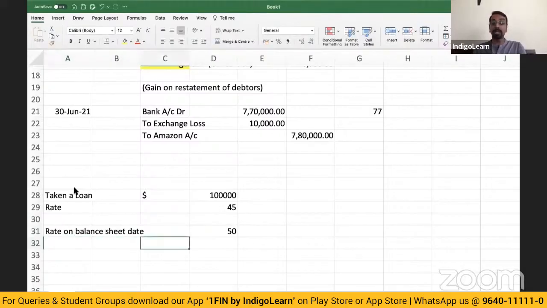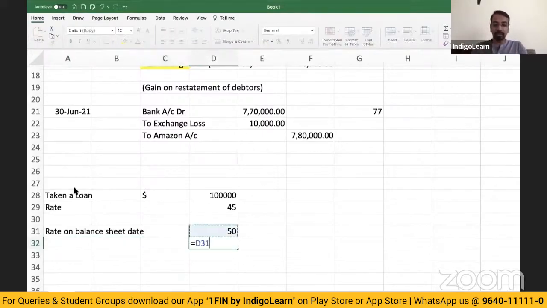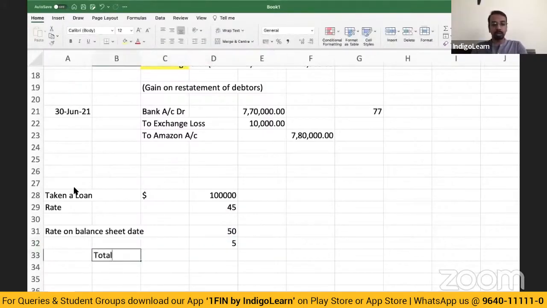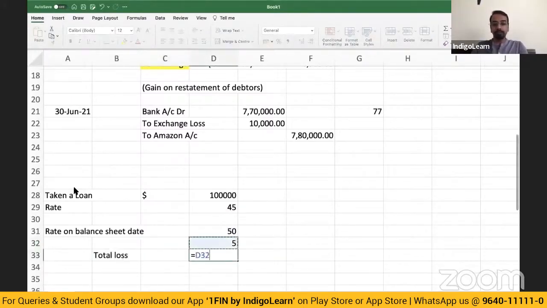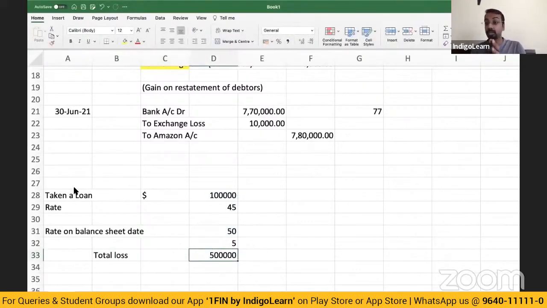So you have taken a loan. When you took the loan, you booked it at 45. Now the rate is 50. There is a 5 rupee loss. So the loss is 50 minus 45, 5. Total loss, $1 lakh multiplied by 5, 5 lakhs in INR terms. This is the loss. General rule is what? Debit to P&L.